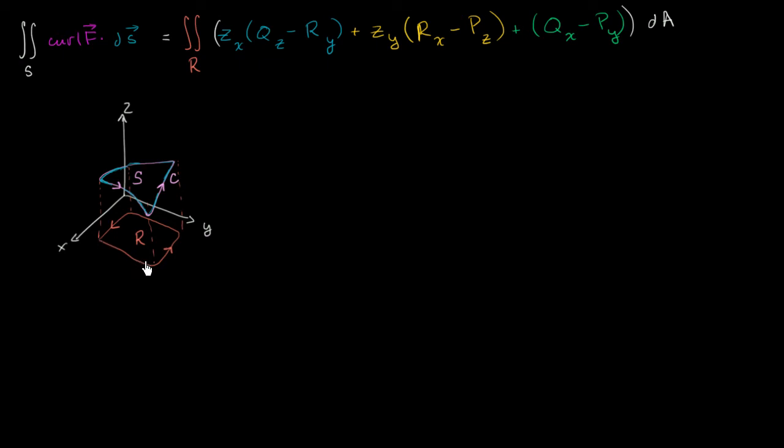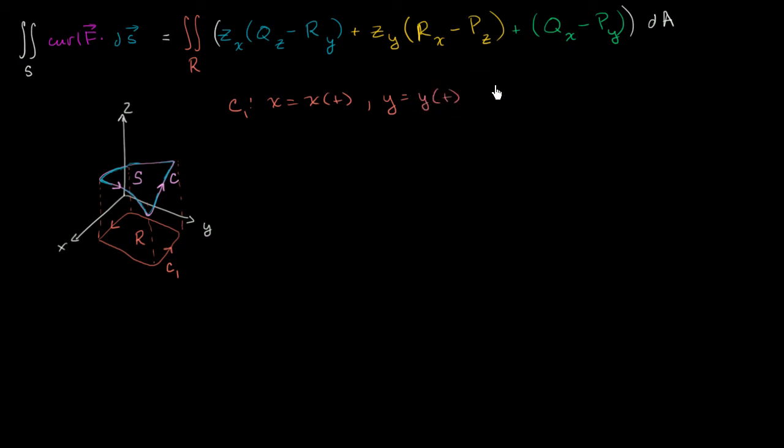I'm going to focus on the path that is the boundary of this region, this path that sits in the xy plane. And I will call that path C1. And so we can think about a parameterization of just that path in the xy plane. We could say that C1 could be parameterized as x is equal to x of t, and y is also a function of t.